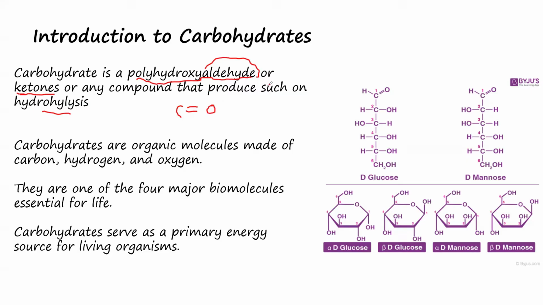Now the question is, what is the difference between aldehyde and ketone functional groups? The difference is simple. In the case of aldehyde functional group, this is the carbonyl carbon. In the carbonyl carbon, there is a free hydrogen here, and of course there is an alkyl group here.